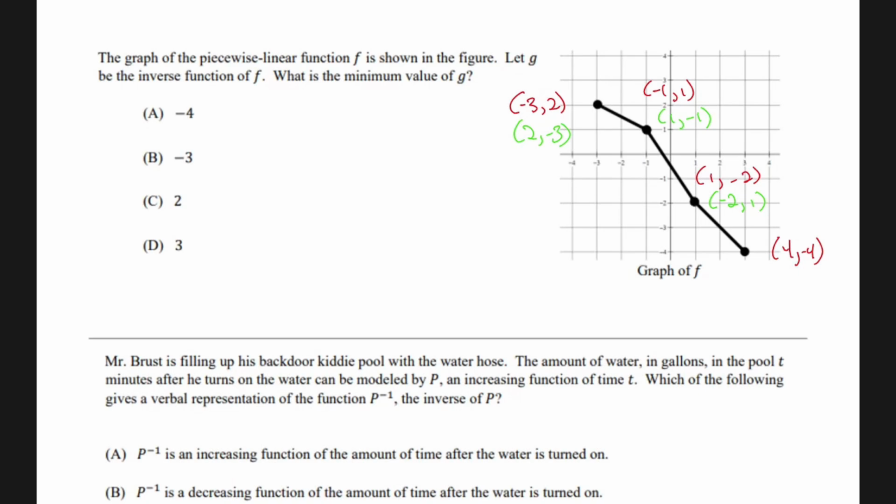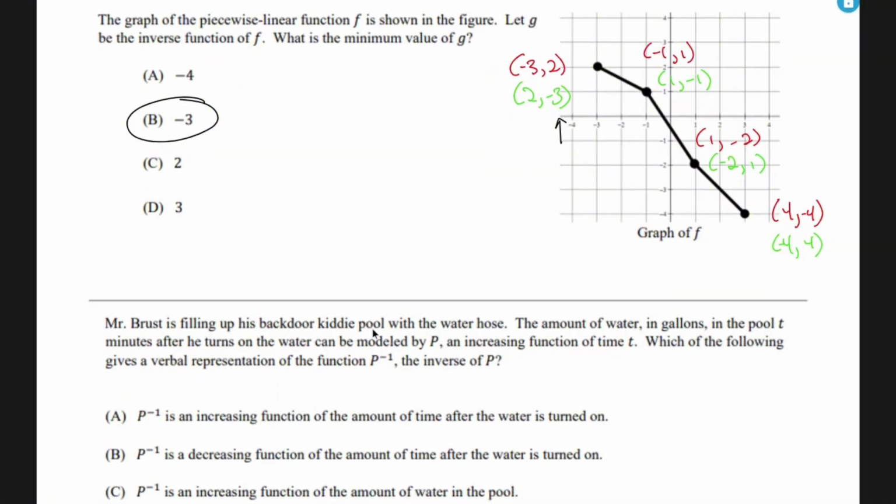So swapping that is going to be (-4, 4). So we want the minimum value of G, knowing that G is going to be the inverse. G for green. So the minimum value, what I'm assuming they want, is the smallest y value, which would be -3.